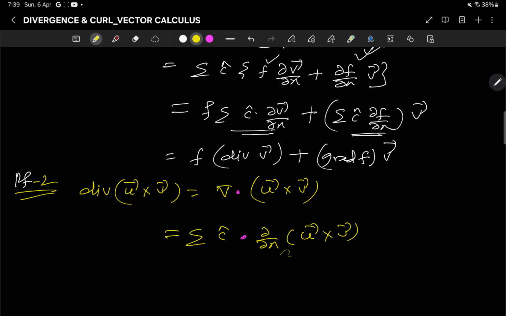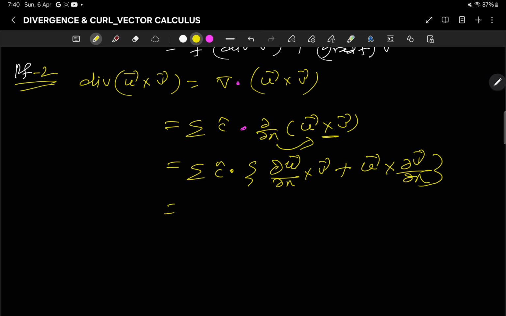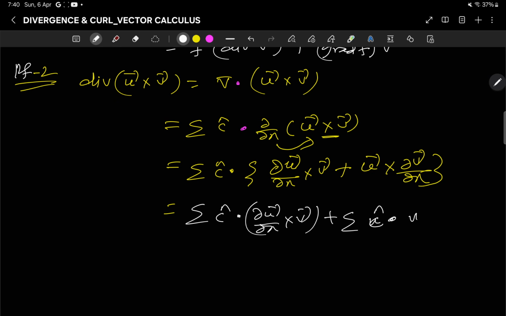Now operating here with the product formula, this is equal to summation of i dot, del u by del x cross v plus u cross del v by del x. Now you separate the summation. So this is summation of i dot del u by del x cross v plus summation of i dot u cross del v by del x.